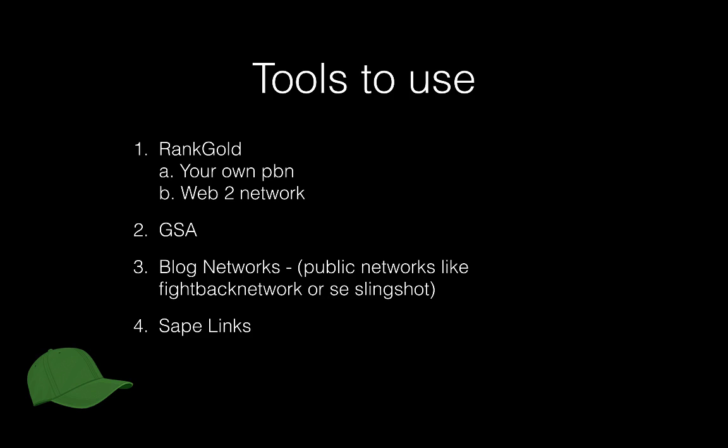The next tool that we can use is called GSA Search Engine Ranker. This tool will outdo SE Nuke and Magic Submitter and all the other tools. It will pump out links a lot faster. Now, it's a little harder to use, and there are some tweaks that you have to make when it comes to GSA Search Engine Ranker. I'll talk about those in just a moment.